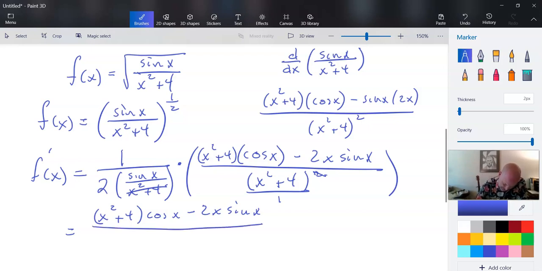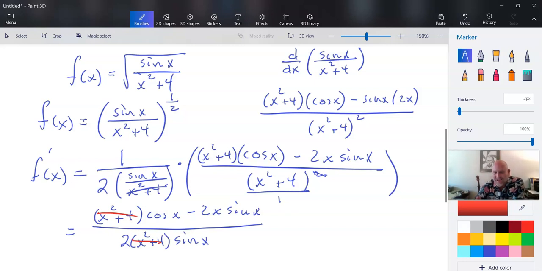is 2 times sine x times this x squared plus 4 times sine x. Okay, now, there will be a very strong temptation to do this, right?